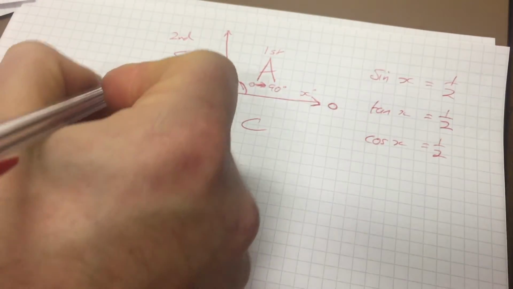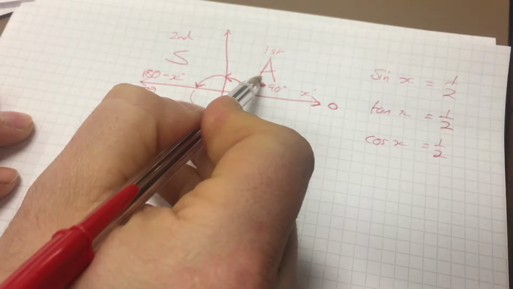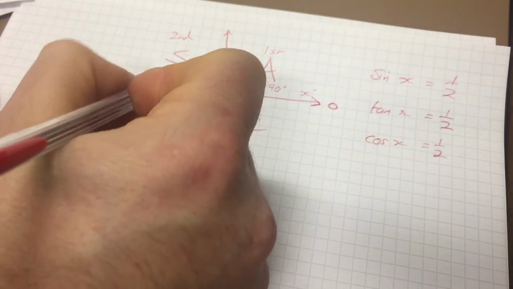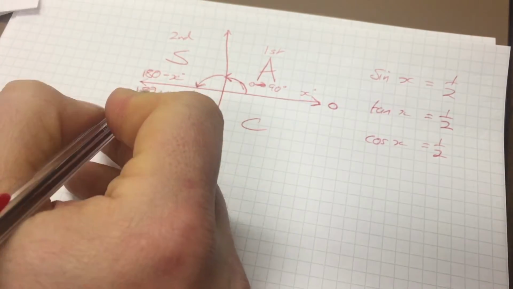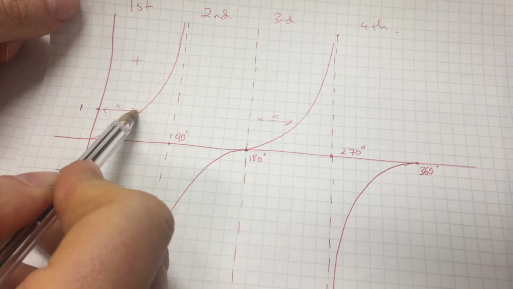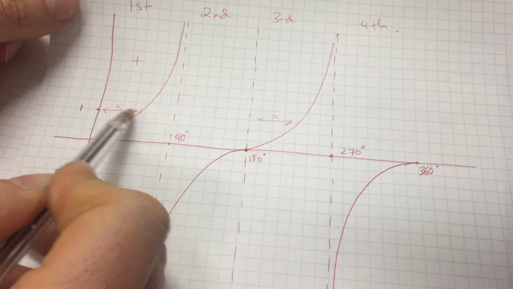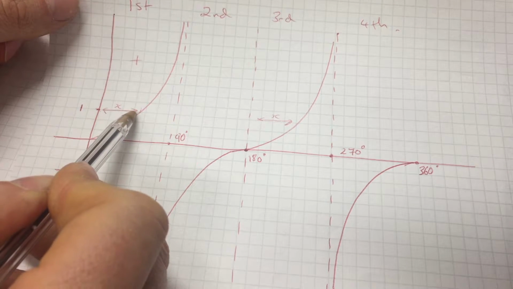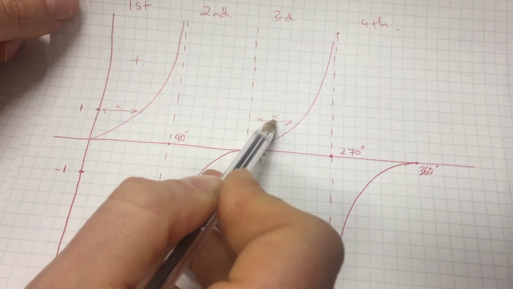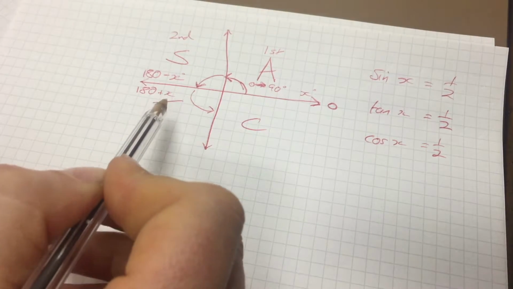Whatever you work out for a tan equation in the first quadrant, you get x. To find the second solution, you just add it on to 180. And we can see why that works. The value you get from your calculator is x. This tells you how far along the x-axis you've gone, in this case to reach the height of 1, which would be 45 degrees. The second time that occurs for a tan curve is 45 degrees away from 180, i.e. 180 plus 45.